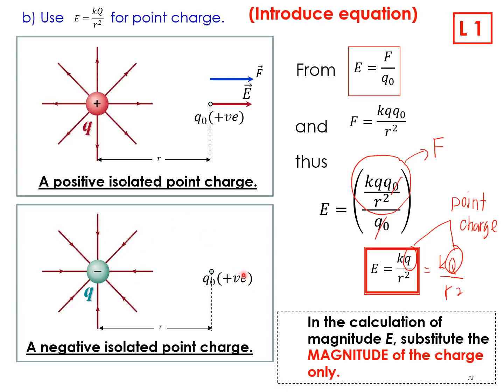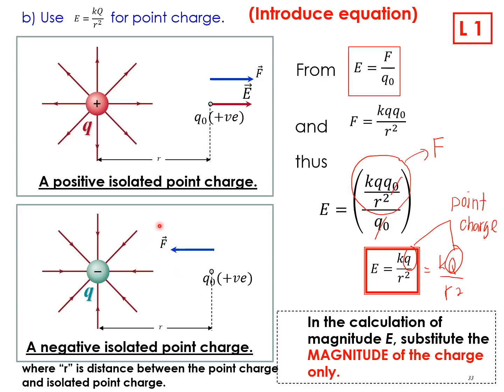If we have a positive test charge, the direction of electric force depends on the sign of the test charge and also the sign of the point charge. Here we have unlike charges, positive and negative, so the test charge is attracted to the point charge.